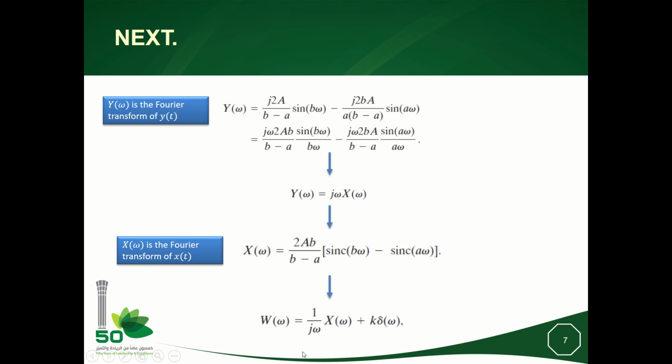So now I can get the Fourier transform of the signal using the result of X of omega. I can write the Fourier transform of the signal to be X of omega divided by j omega plus k delta of omega.